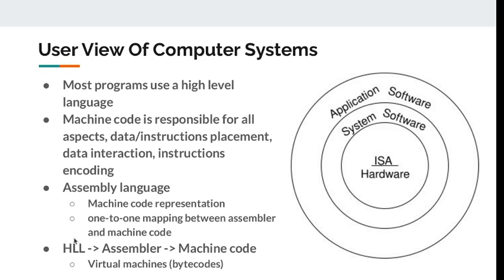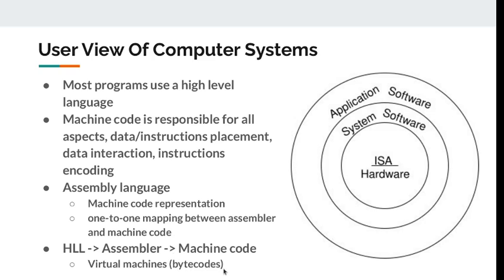So you can see that it goes from a high-level language like C to an assembler, which chooses the building blocks that you have, to the machine code that the CPU understands. And virtual machines, for example Python, Java, usually you have this high-level language and it's compiled to bytecode.